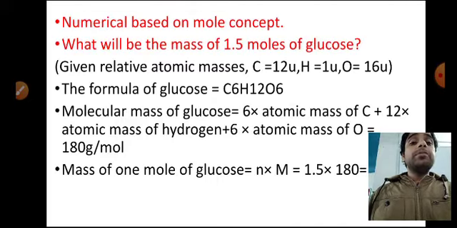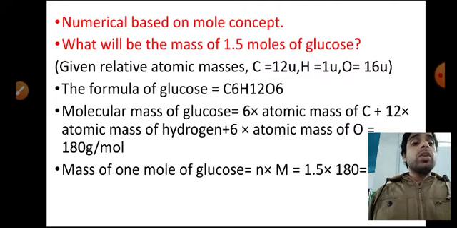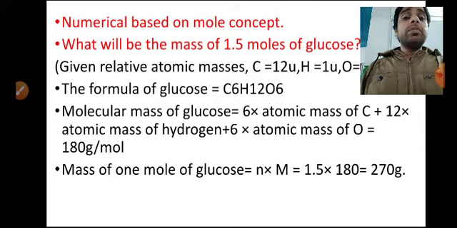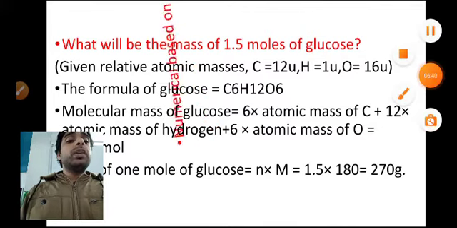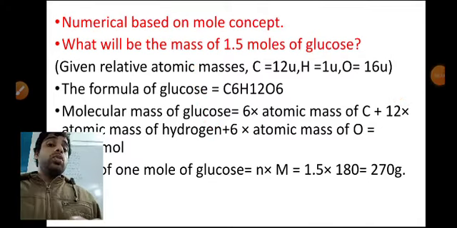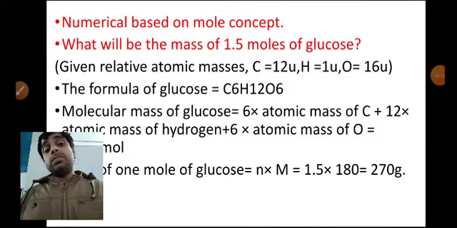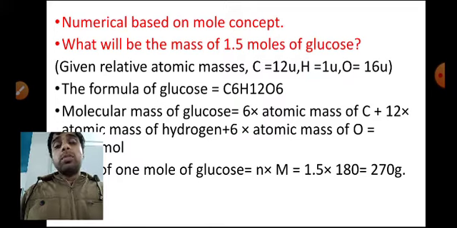Now, if I have to do some numerical questions on the basis of the mole concept, how will you do that? First of all, this is a question: what will be the mass of 1.5 mole of glucose? The first essential step is that you should know the formula. If you know the formula, then you should remember every atom's atomic mass.